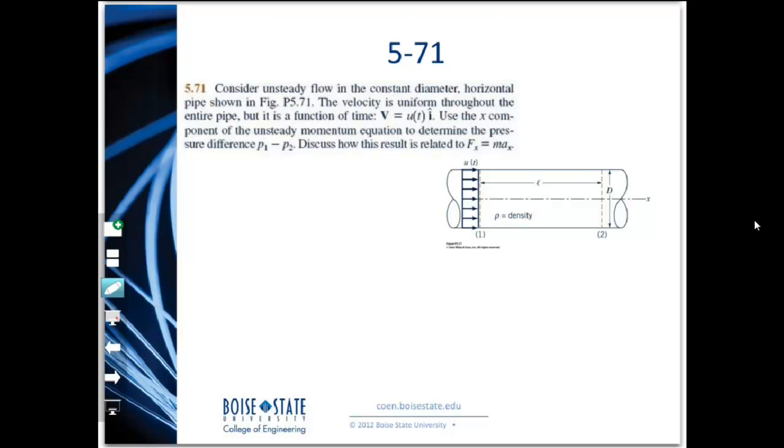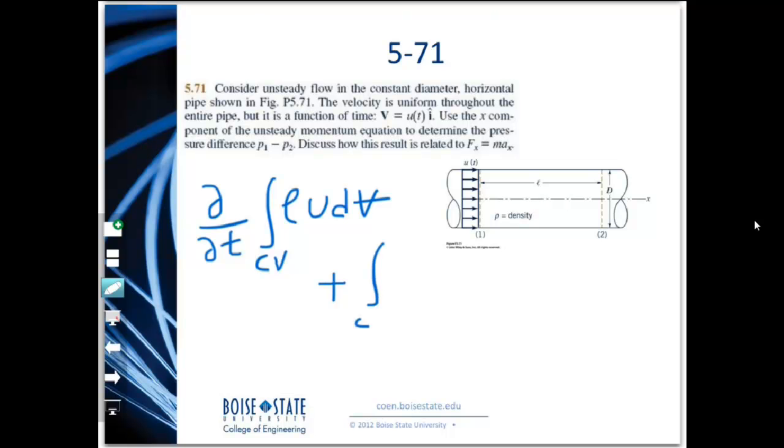The unsteady term would be the partial derivative with respect to t of the integral over the control volume of rho u dV, plus the other term, the integral of rho u v dot n dA, equal to the sum of external forces.